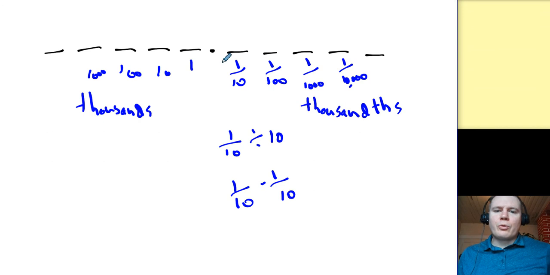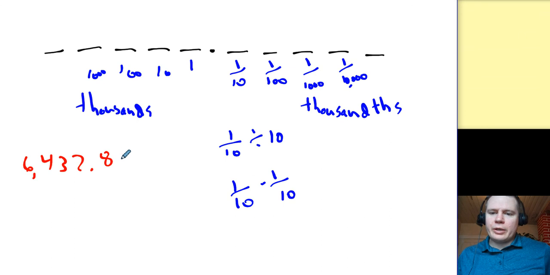So seeing this relationship between decimal points and units lets us see how all of the rules about how the operations work remain exactly the same. So if I have, I'll just switch colors here, 6,437.829.